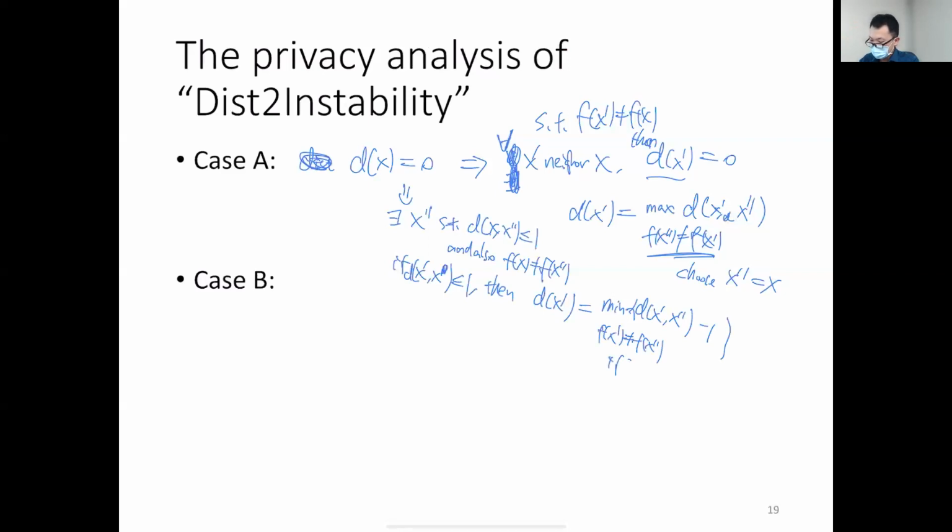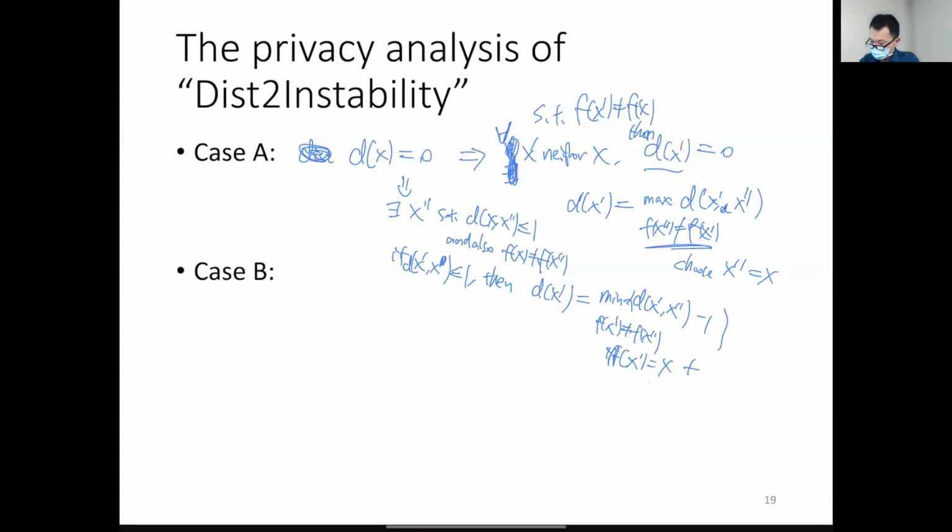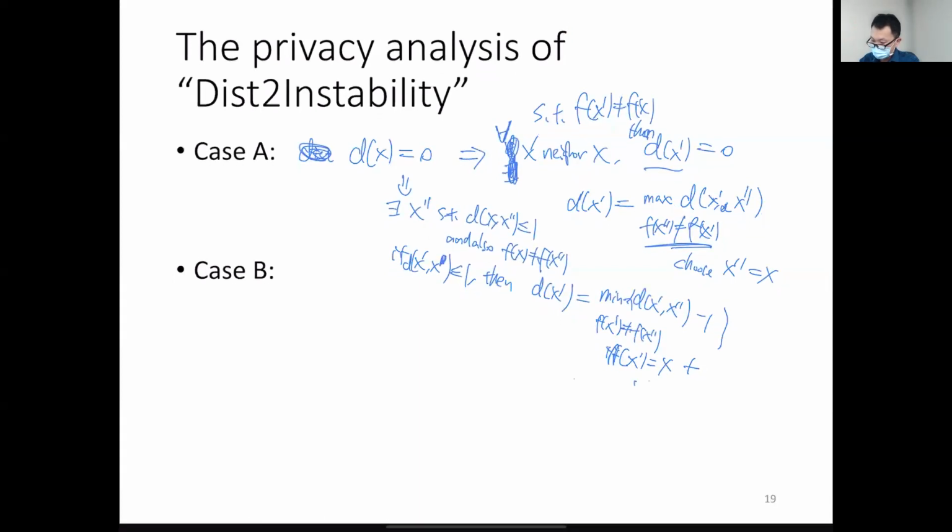So if f of x' is equal to f of x, then we can take x'' to be part of this minimum.